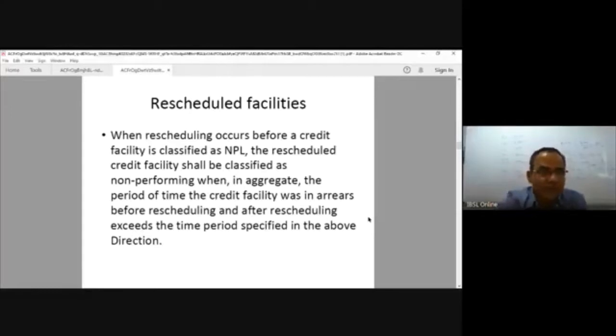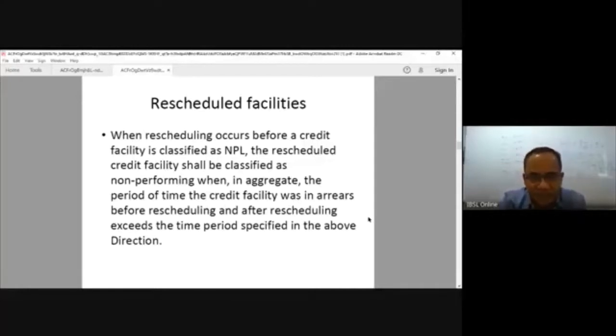That means from the due date after rescheduling, if the customer has failed to pay even for 10 days, then it becomes NPA. So you don't wait 90 days after rescheduling from the first payment date, but you calculate with the previous period also.